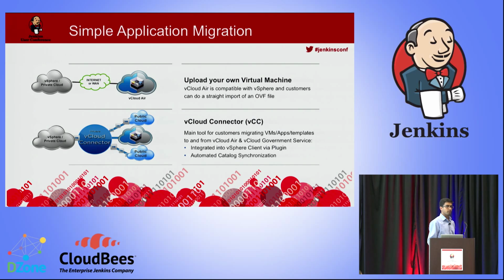Again, it provides a simple migration path, with the vCloud Connector, for either the existing VMs, which come in the form of a virtual appliance in an OVA format, or you can use the vCloud Connector to have bidirectional transportation between the cloud and the on-prem vSphere or virtual environment that you have.